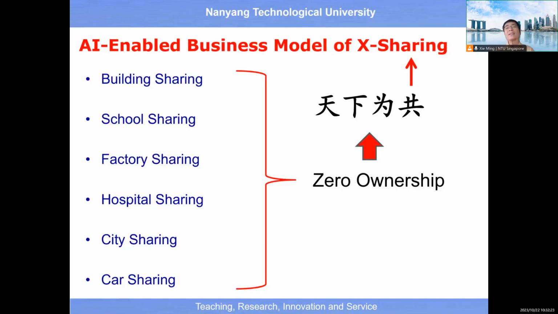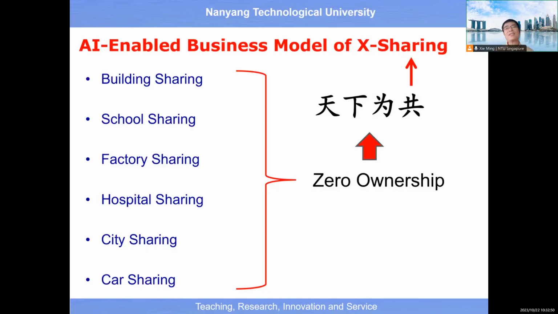And I guess some of you should be familiar already with this concept of car sharing, right? So in today's lecture, we will study the AI system or AI technology which will enable us to implement this business model of car sharing, right?